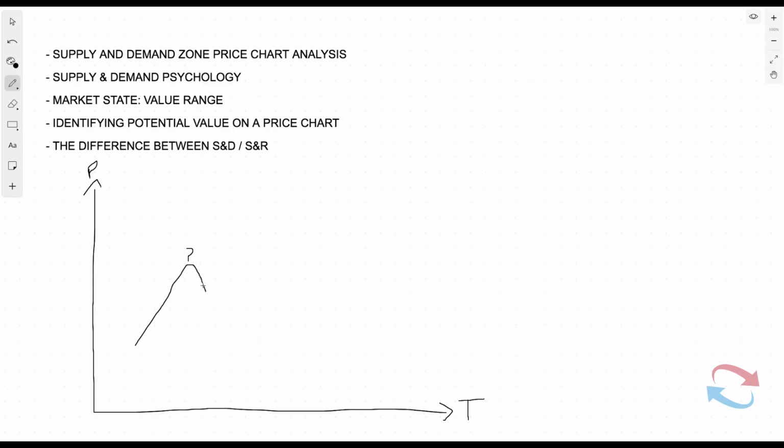We just know that there is less demand coming into the market, but it's still considered an area of supply. And what happens is if we get a break, this was an area of supply that had been projected into the future as support.